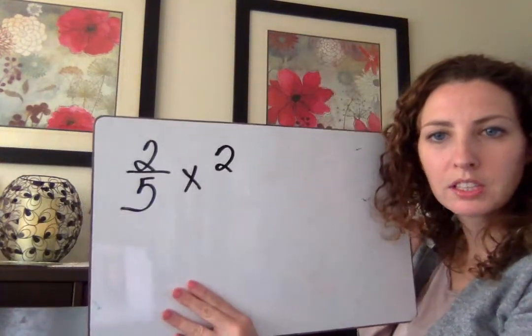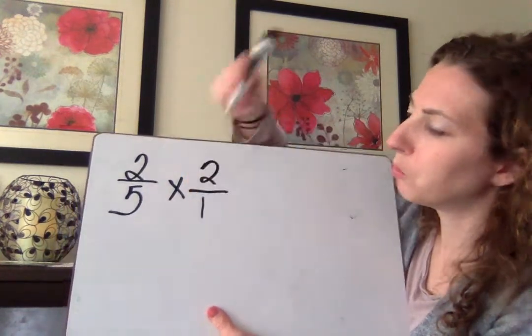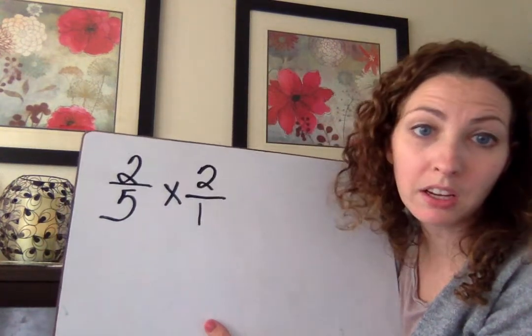Okay, let's try 2/5 times 2. Okay? 2/5 times 2. I know that this has to turn into a fraction, so I'm going to put a 1 under it. That's all you do to make a whole number a fraction.